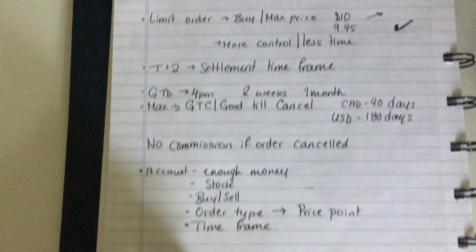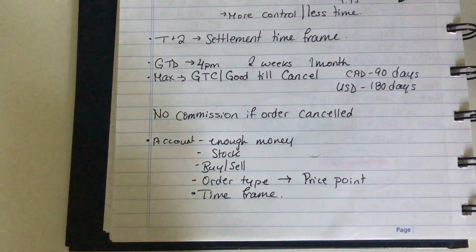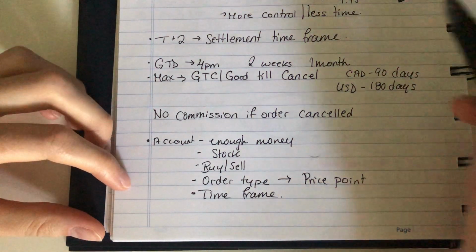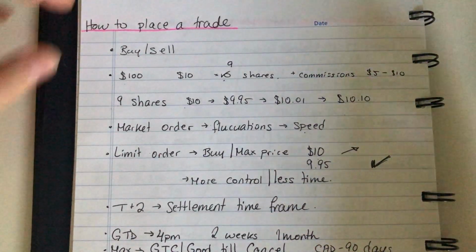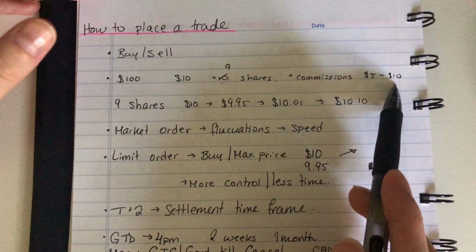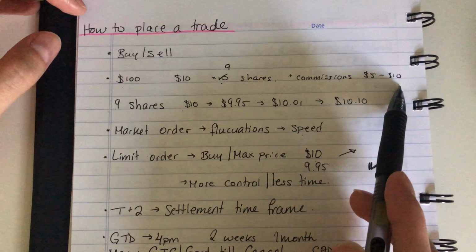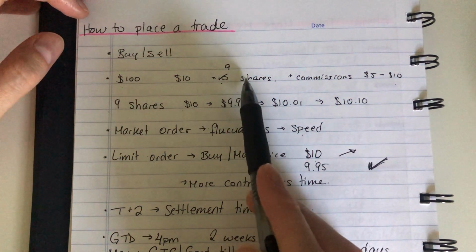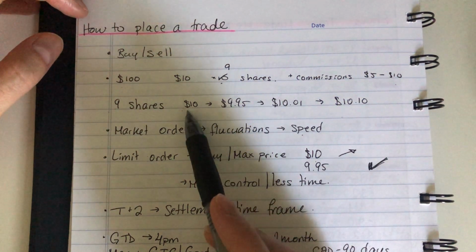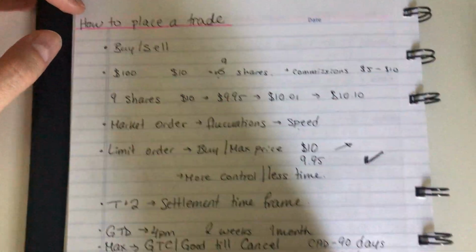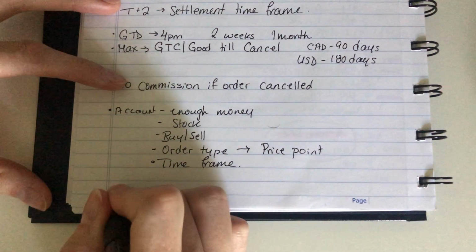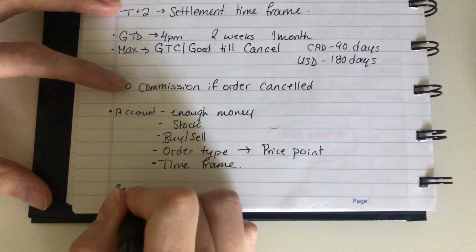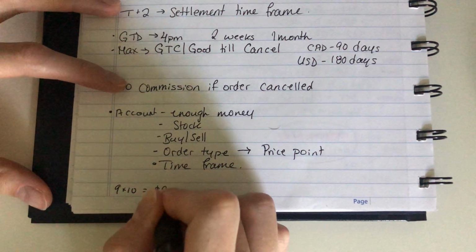Now, the commission is going to be baked into this, right? So let's say, going back with the original numbers that we were working with, if it is $10 a trade, okay, and you buy 9 shares at $10 per share, that means you're going to be doing 9 times 10, so $90 is your book value.